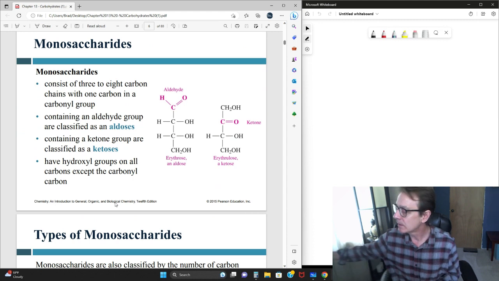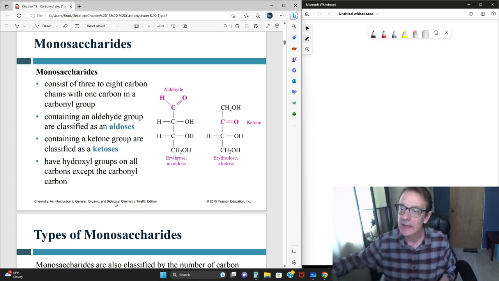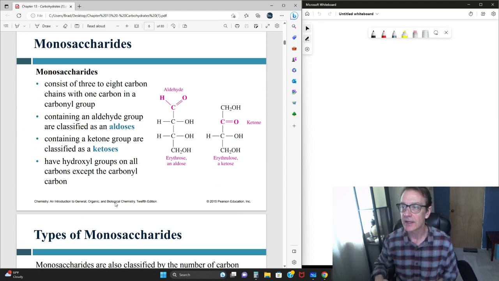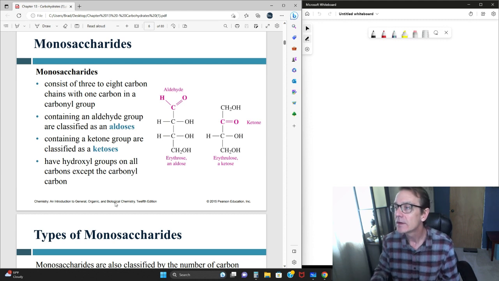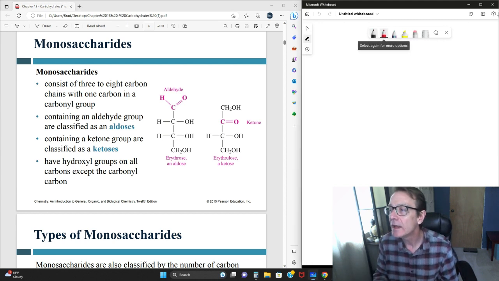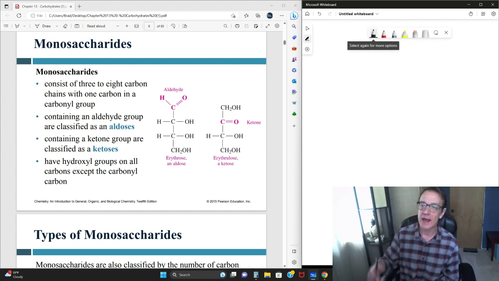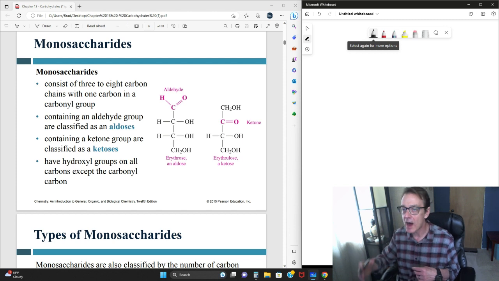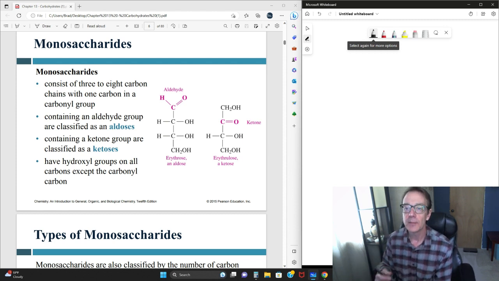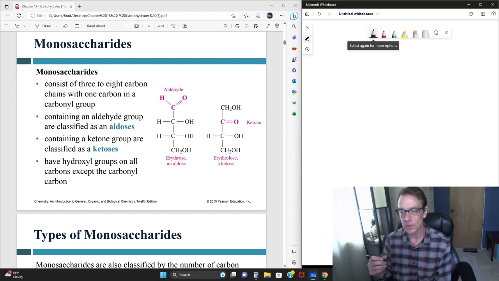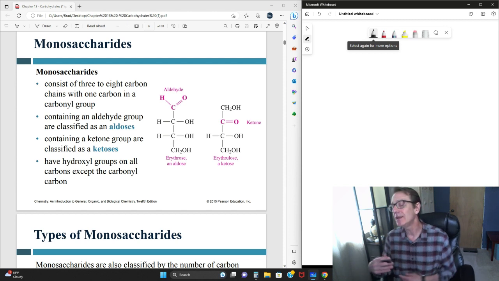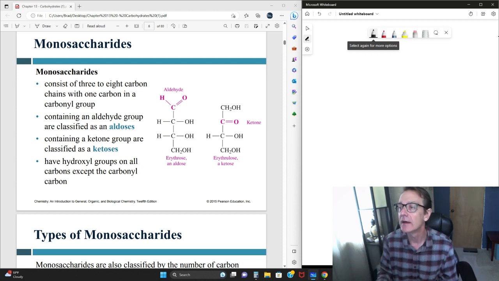Okay, so aldehydes and ketones. Just like we saw the distinctions in our introduction to organic chemistry, you can start modifying the carbon hydrogens with double bonds, triple bonds, and you can start tacking things in there.